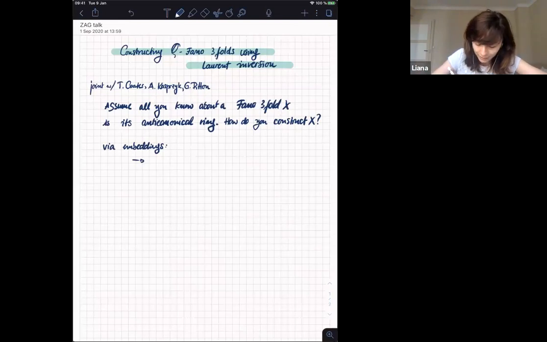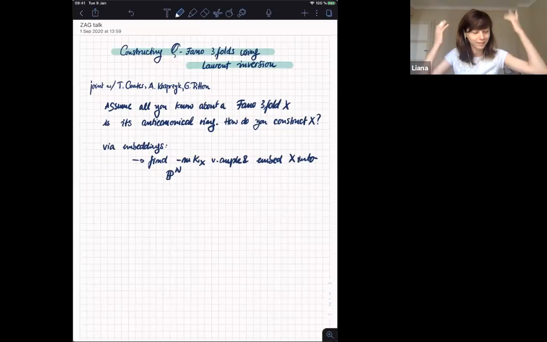So find a multiple of -K_X that is very ample and embed X into some projective space, P^n. Okay, everybody's familiar with this from what we learned at the beginning of Introduction to Algebraic Geometry.